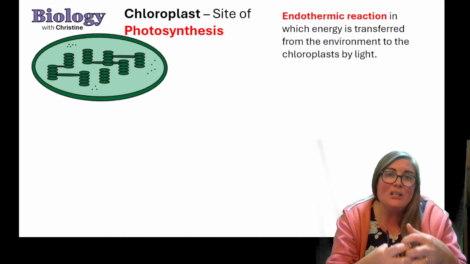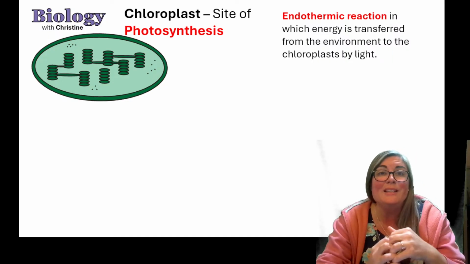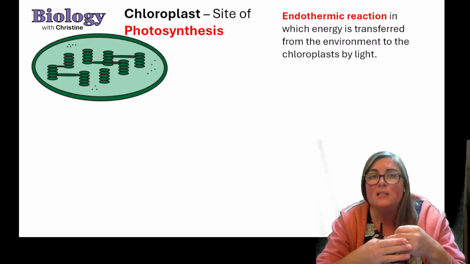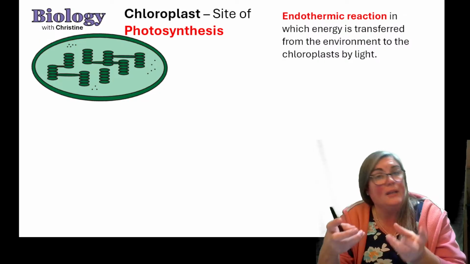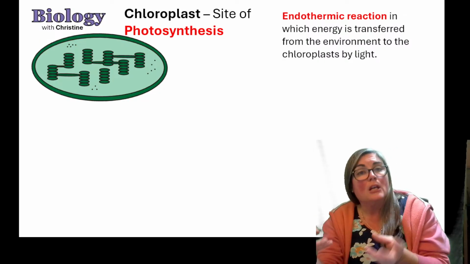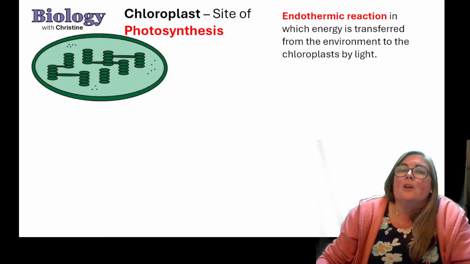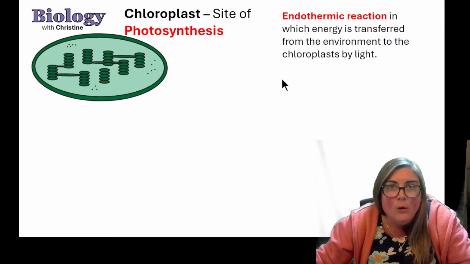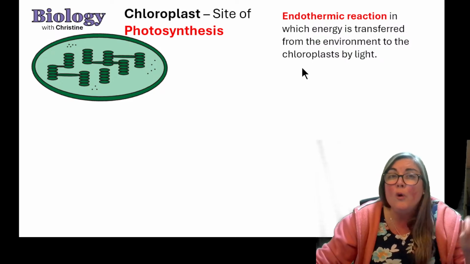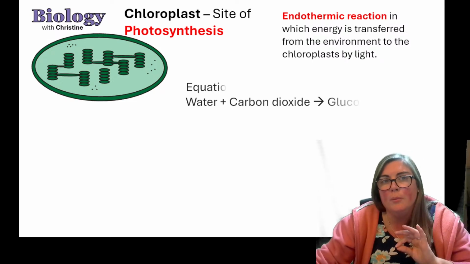And when that light energy is absorbed by the chloroplast, it is then going to be transferred and stored in the molecules that it makes, i.e. chemical energy, glucose. So we should know that this is an endothermic reaction because that energy is being transferred from the environment to the chloroplast.